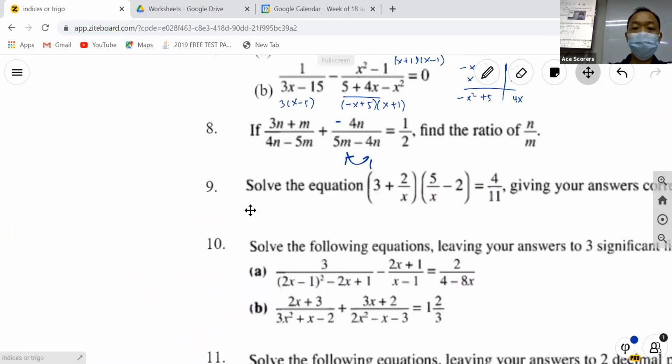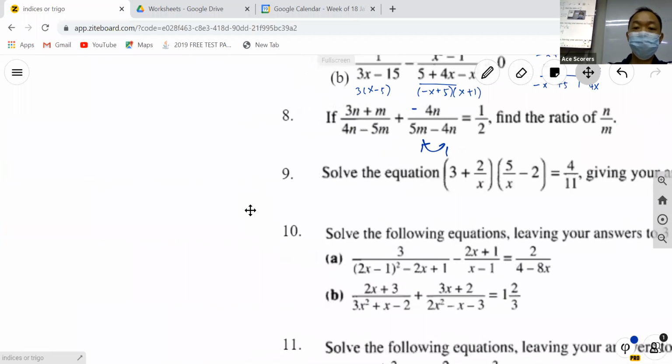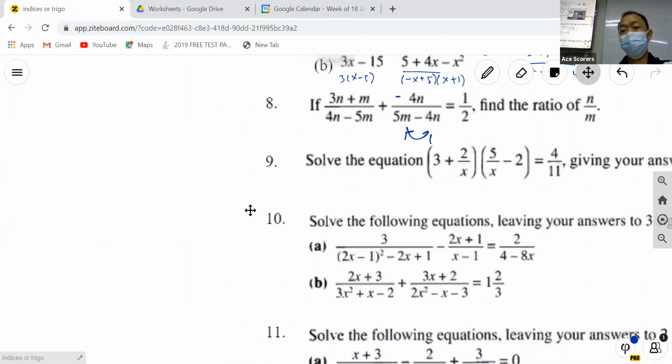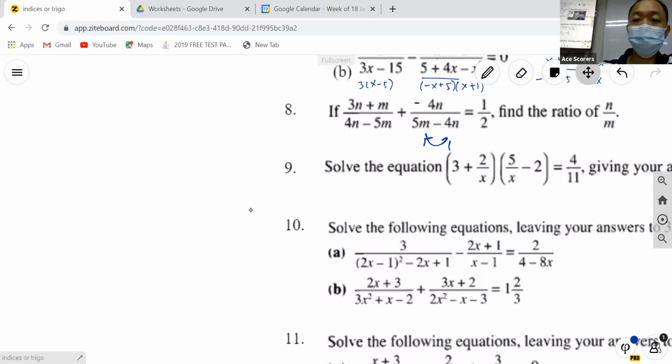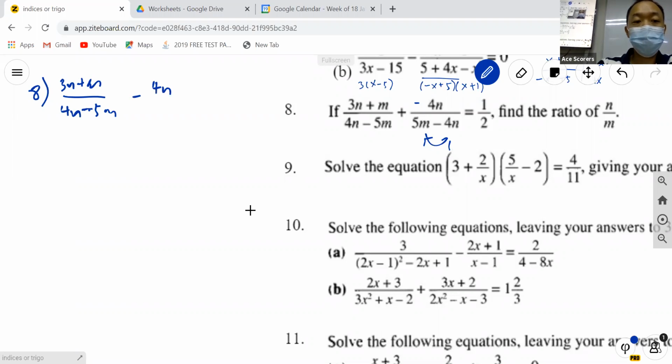Let's look at question number 8 first. So for 8, the first thing you need to do is the conversion. So we get 3n plus m over this, minus 4n over this. Okay.